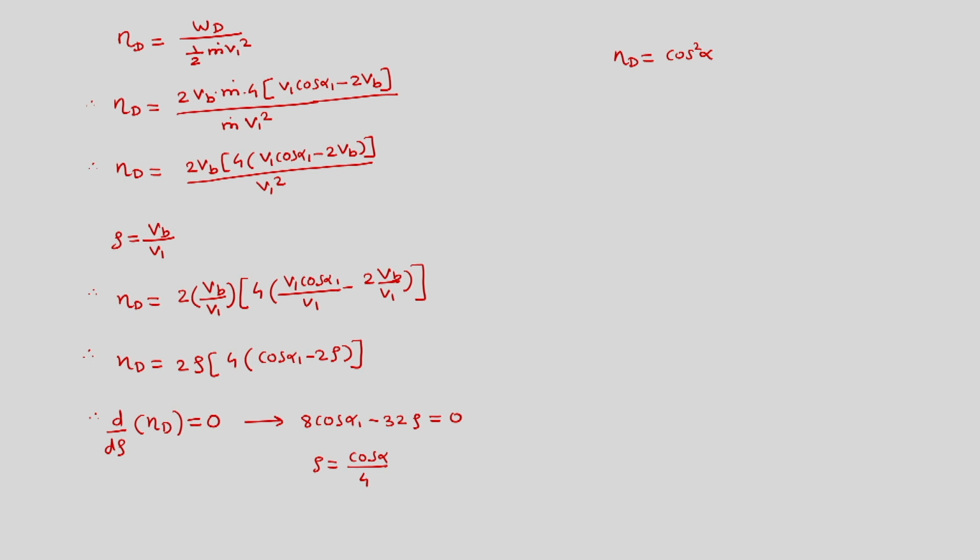We have seen that in the earlier case of pressure compounding, with only one stage of nozzle and moving blades, we got maximum efficiency at optimum rho of cos alpha by 2, but now we are getting it at cos alpha by 4, though the maximum efficiency is the same, which is cos square alpha. This all discussion was about impulse turbine.